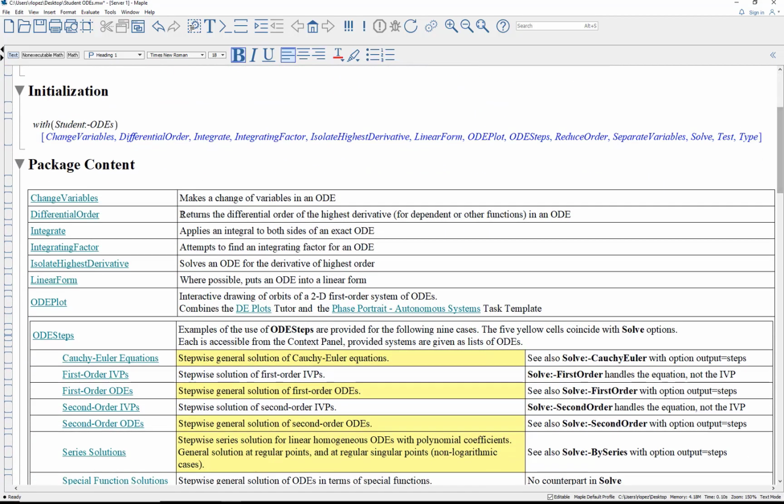Now, the first 7 of these commands: change variables, differential order, integrate, integrating factor, isolate highest derivative, linear form, ODE plot. It would be difficult to learn the syntax of each of these commands, and students are just not going to absorb all of that information.